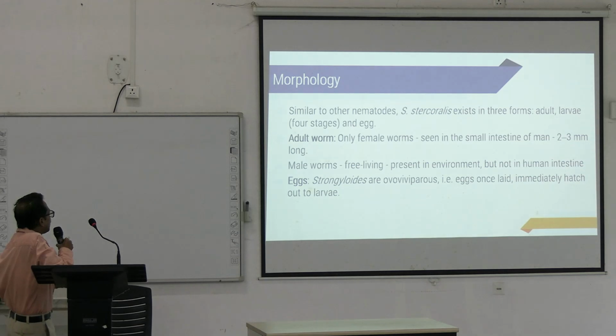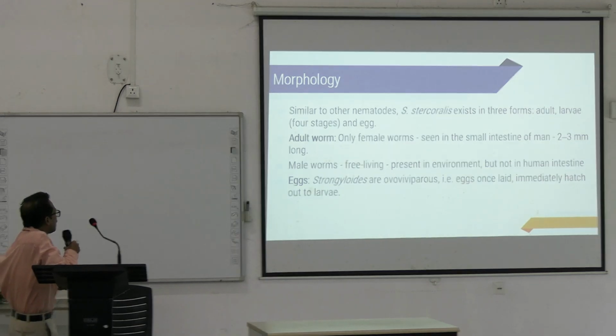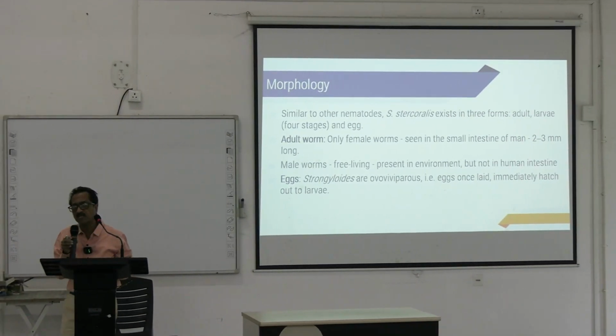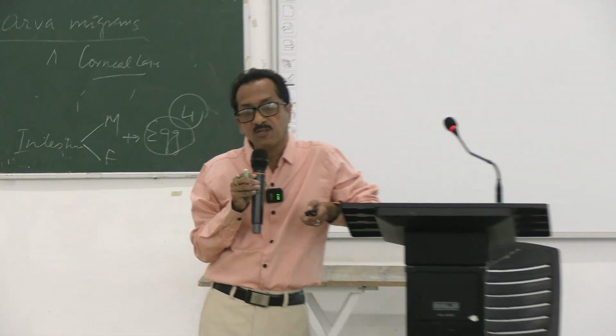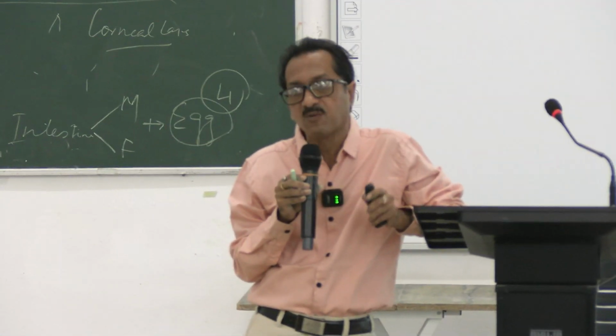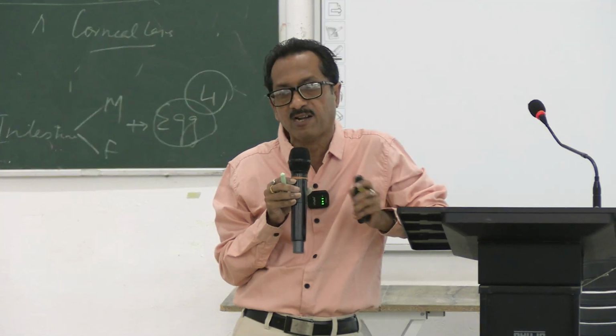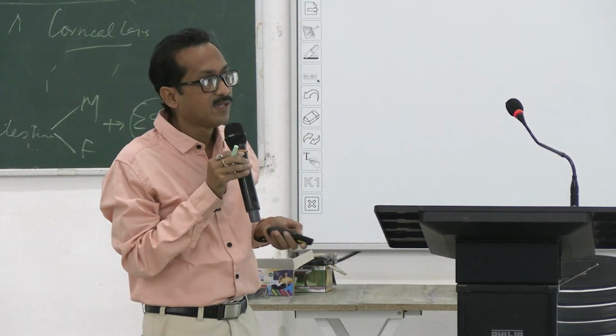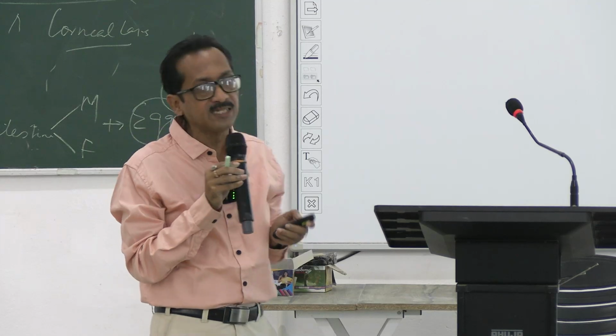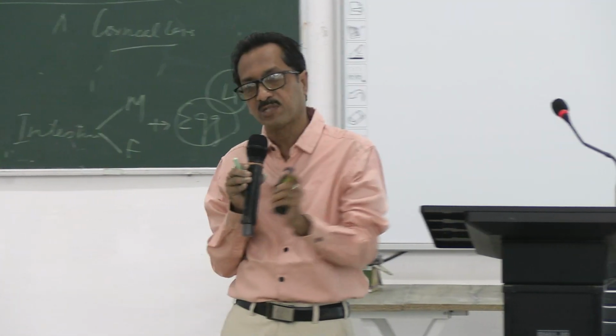Similar to other nematodes, Strongyloides stercoralis exists in 3 forms. Is it ovoviviparous, viviparous or oviparous? So this is the only example of ovoviviparous. What is the diagnostic form, egg or larva? In Strongyloides, as it is ovoviviparous, the larva is the diagnostic form.